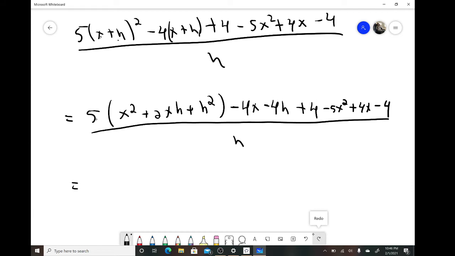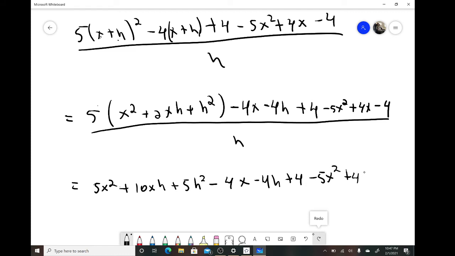Okay, so now I have 5 times this trinomial, so I'm going to distribute the 5 into the trinomial. So I have 5 times x squared, that's 5x squared. 5 times 2xh is 10xh. 5 times h squared is 5h squared. And then I just carry on everything else. Minus 4x minus 4h plus 4 minus 5x squared plus 4x minus 4.